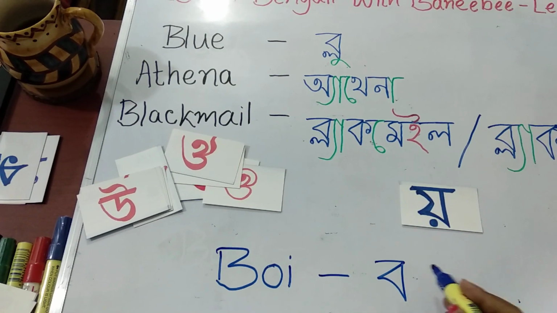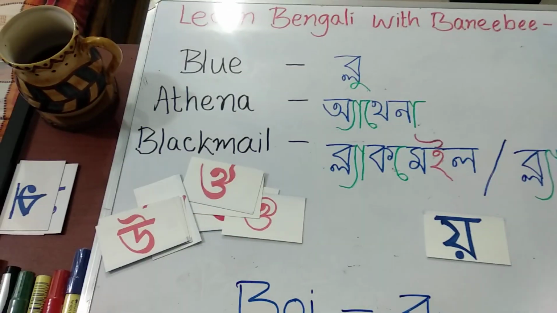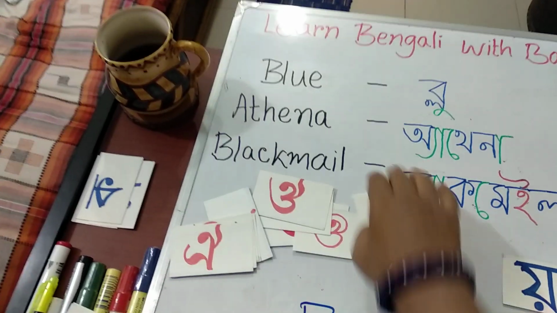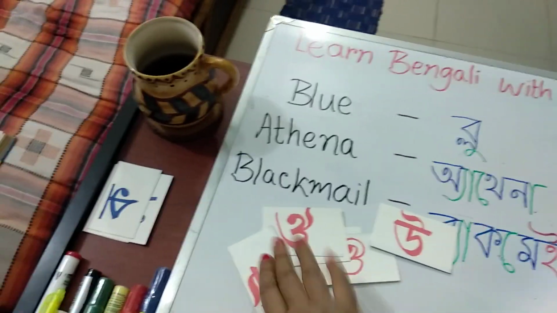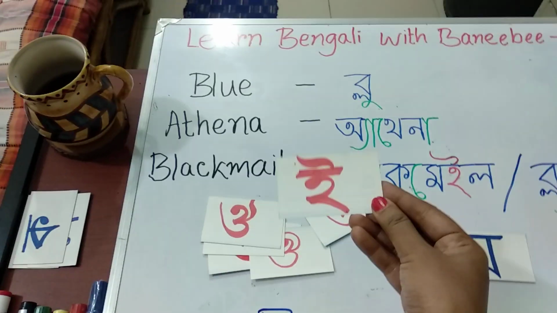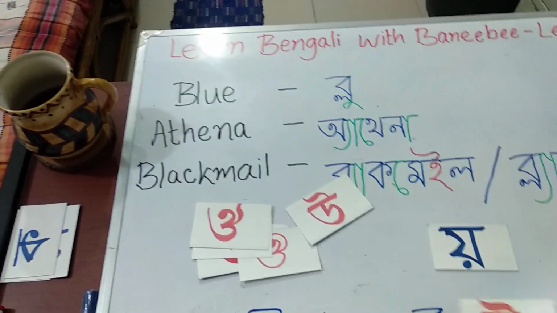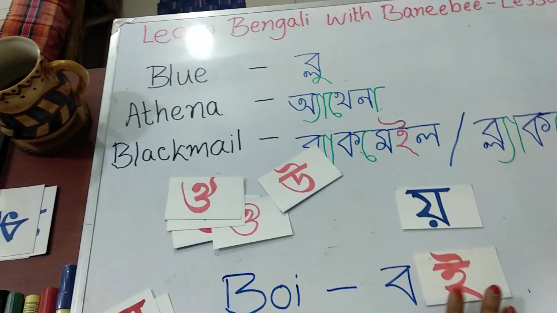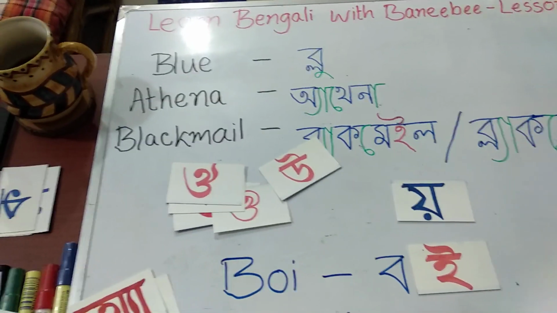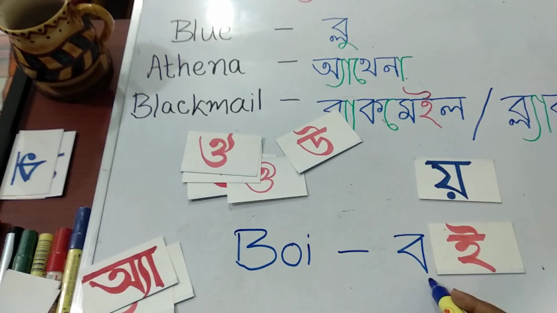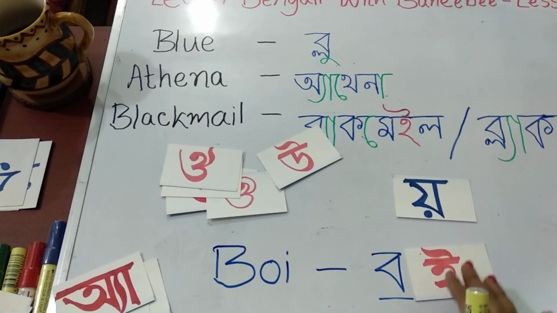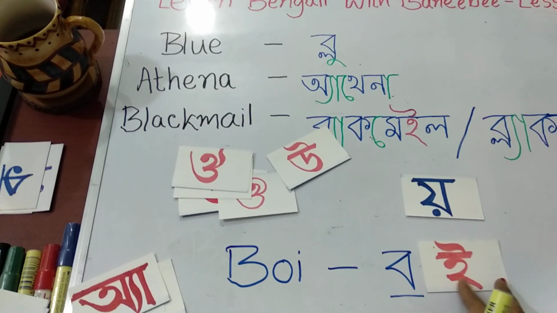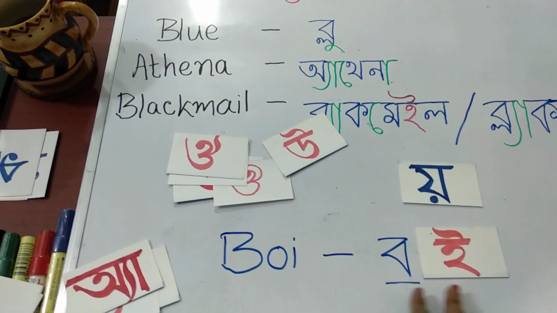This is bo, and then we need e, right? Okay, let's try to find e. Here, this is E, right? So if we put it here, this is boy. How do we pronounce this letter? This is bo, but when we are adding this up, we are pronouncing it as boy, not boy.